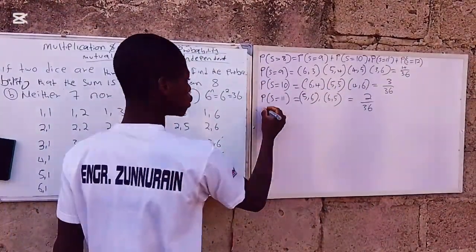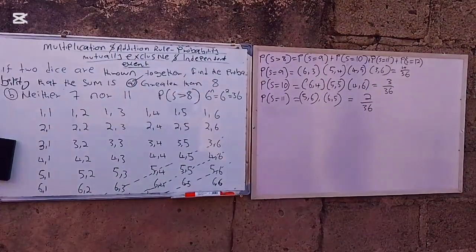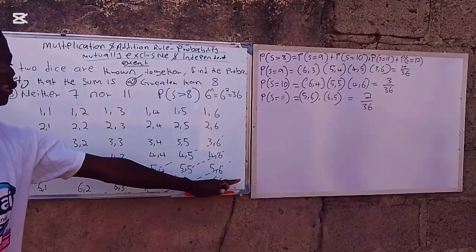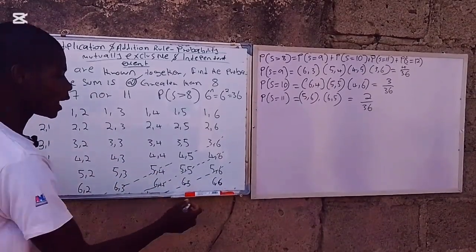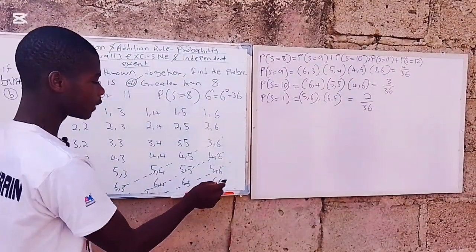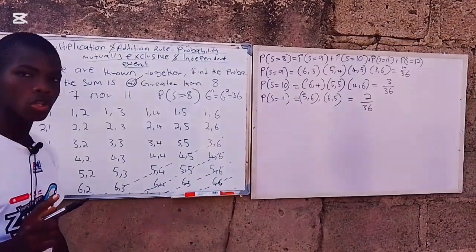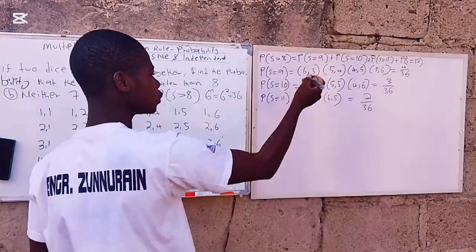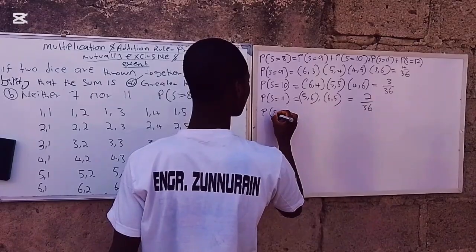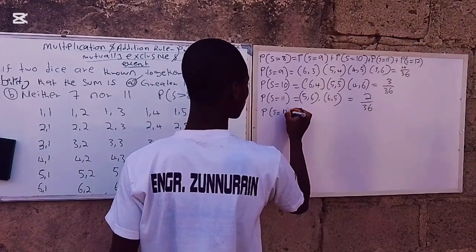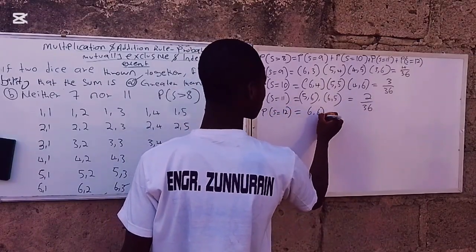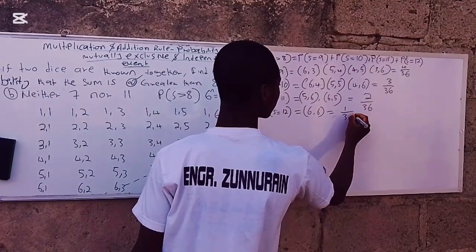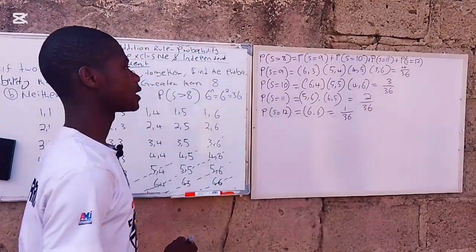Okay, 12. 13 is greater than 8, but we don't have the probability of getting 13, we are left with only the probability of getting 12, only 1. So 6 plus 6 will give me 12. The probability of getting 12, when the sum is equal to 12, shall be 6 and 6, so it is equal to 1 divided by 36.